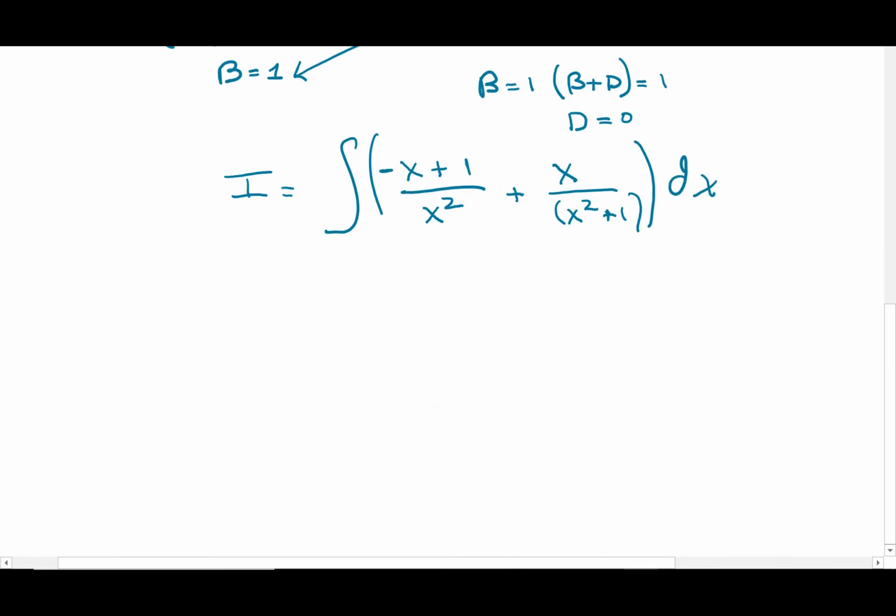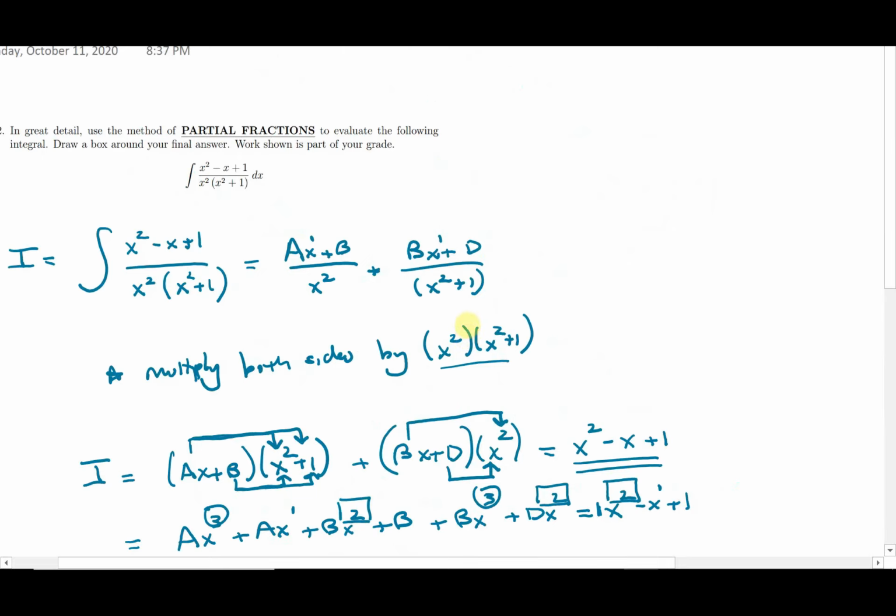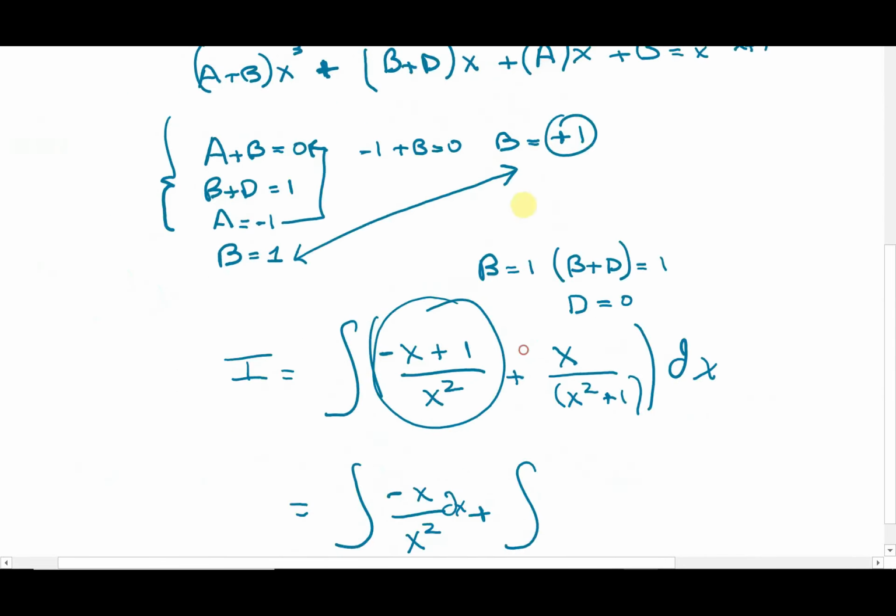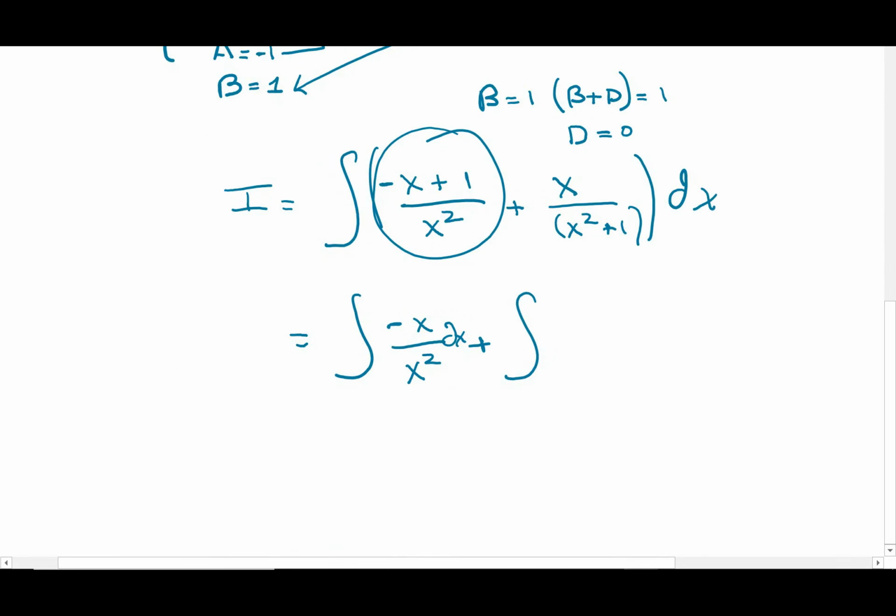So the key is we break it into parts. We have the integral of -x, and we can break this whole thing into pieces. So basically, this is -x divided by x squared dx plus the integral, of course, it's indefinite, so we have to add plus c at the end.